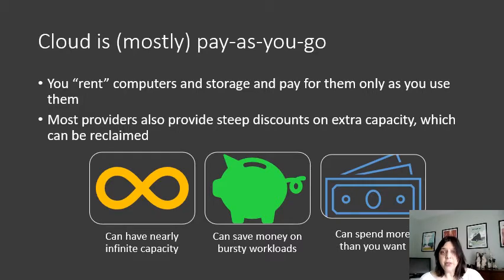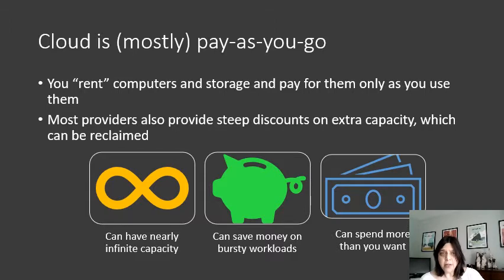One of the first things that is really different about cloud computing than on-premise computing infrastructure is that cloud is mostly a pay-as-you-go type of model. I say mostly because there are ways, in fact, to reserve computers for periods of time, and those models often end up being very similar to what you might see in something like a condo cluster on-premise computing model.